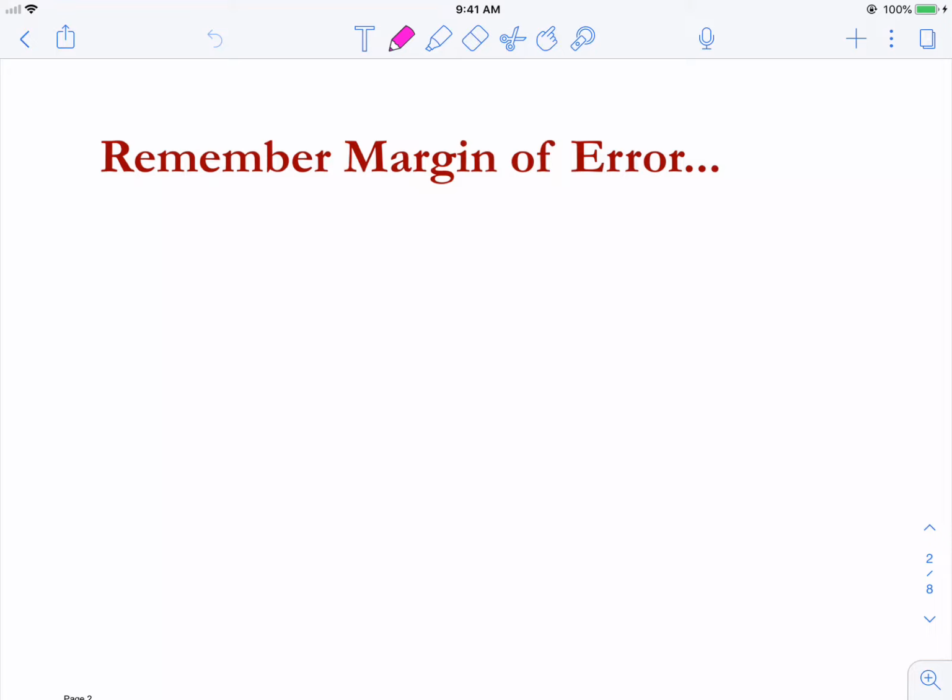Remember, when you're taking a survey from a sample, that sample is representing the population as a whole, and the proportion of respondents that you get to answer a particular way, you're not necessarily saying that that's exactly what's happening in the entire population, but you're pretty sure that it's within certain boundaries, and that's what the margin of error is.